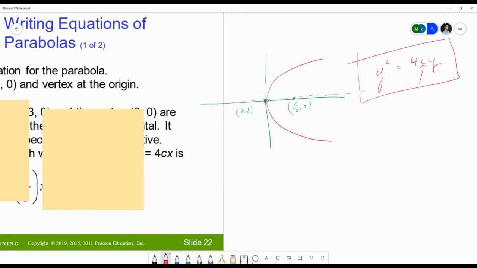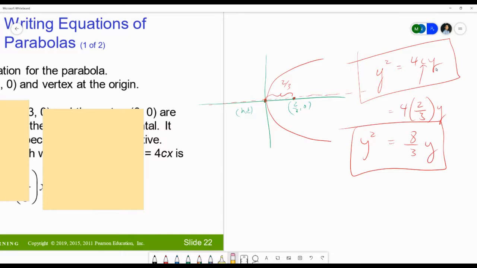The c value is right here, 2/3 from the vertex to this point. We get 4 times 2/3 times y, so you get 8/3 y. Is that supposed to be y, sir, or is that supposed to be x? Oh, sorry, x, right? Yeah, that's x. Okay.